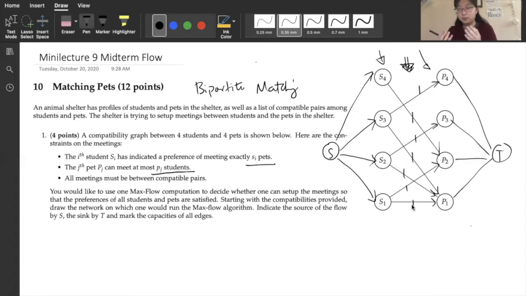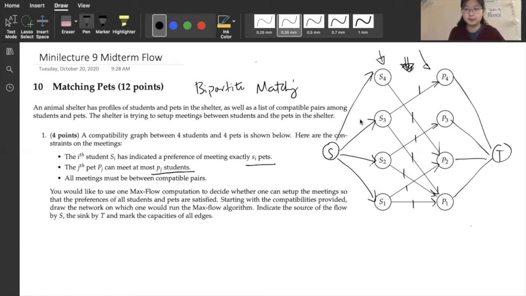But I don't want duplicates. If I have student Alice and pet Bob, I don't want Alice and Bob to meet 3 times. Alice probably wants to meet different pets, so I should grant her that wish. This means that every pair of student and pet can meet at most once. It's perfectly okay if you don't take this path, but if you do take it, you want them to appear exactly once.